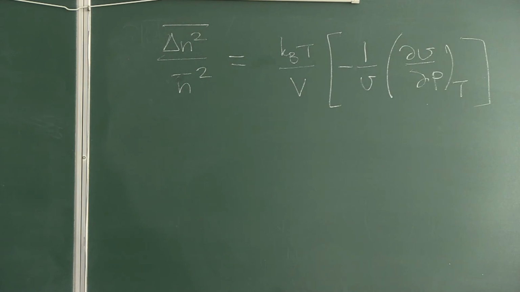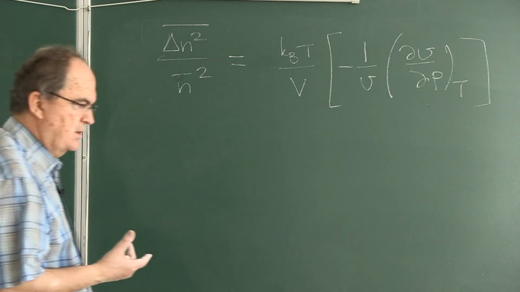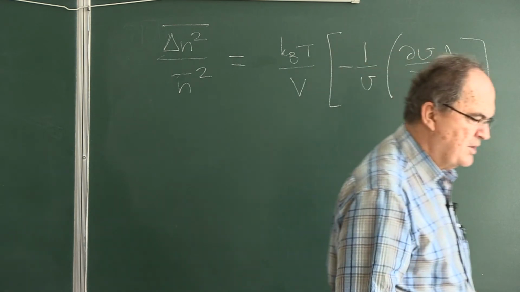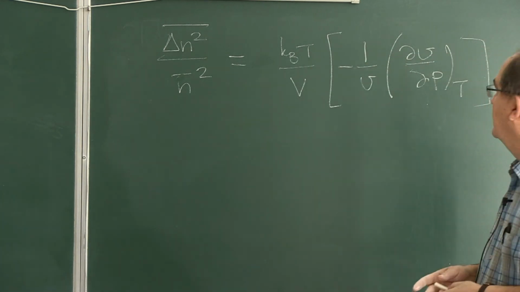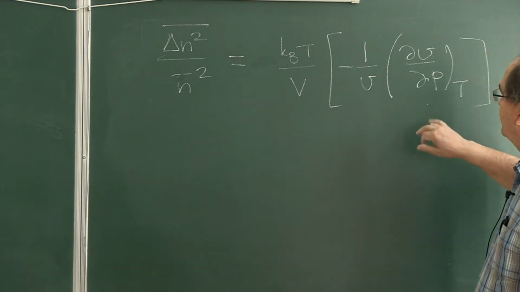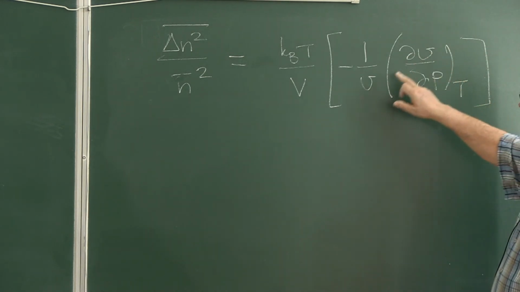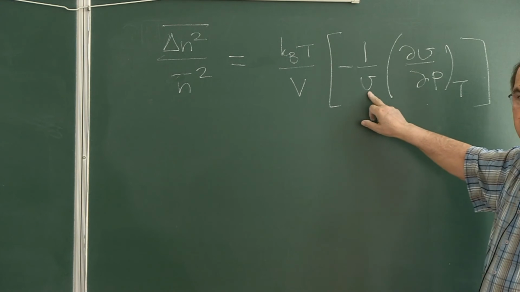What is the quantity inside the parentheses? It's a measure of what? Let's look at it from a physical point of view. This is the percentage change of volume, isn't it?